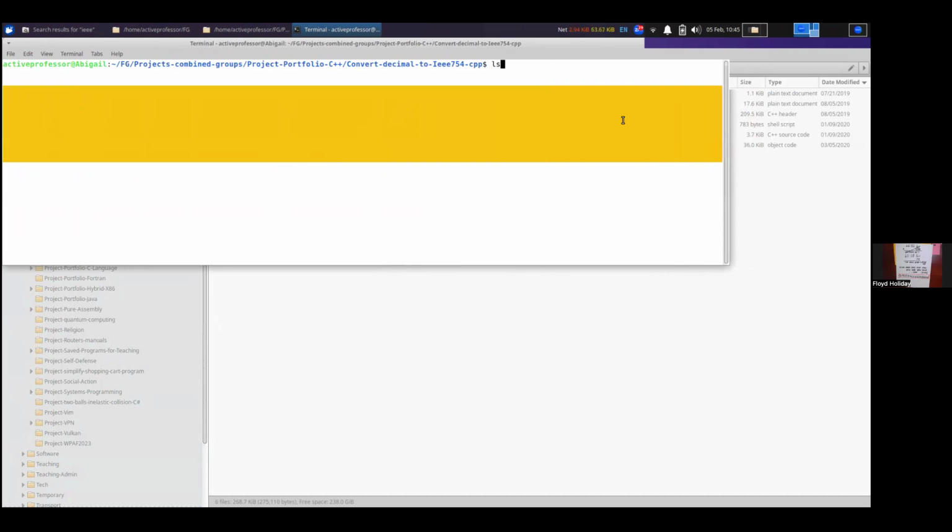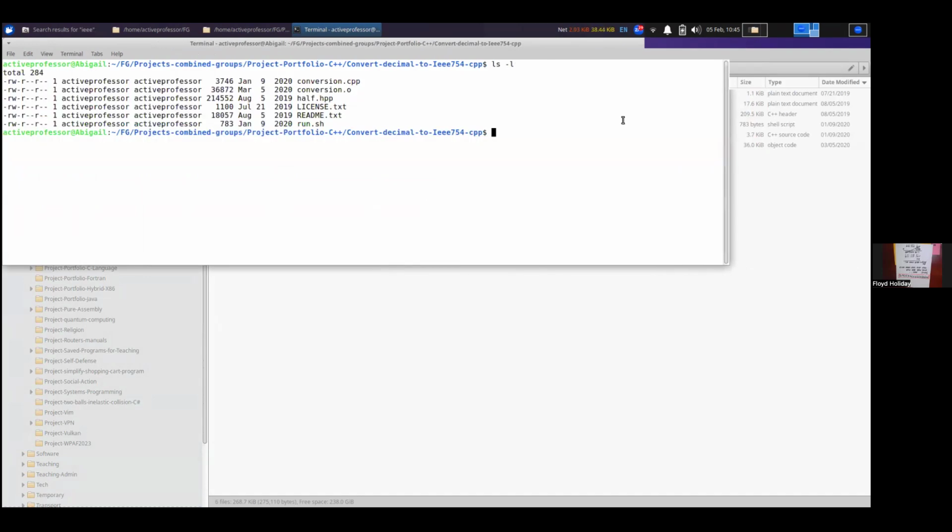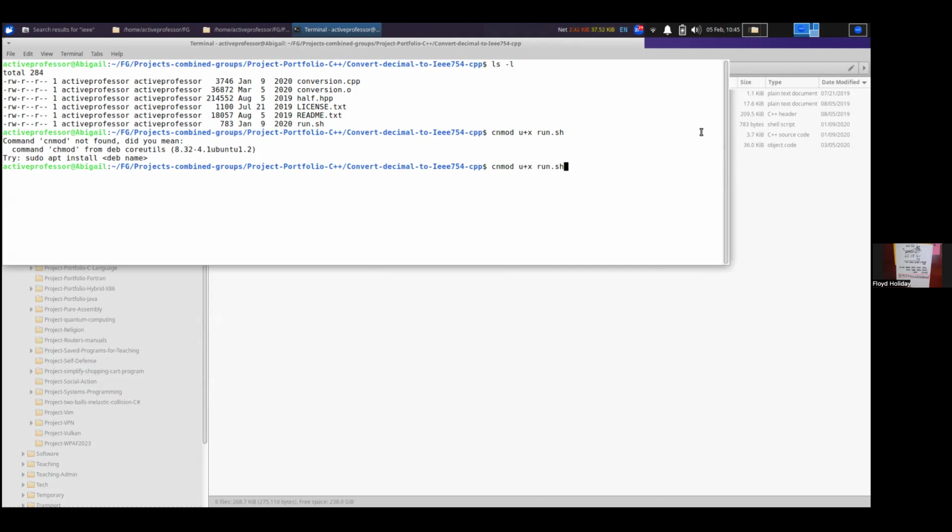Okay, there it is. And we need to activate it, give permission. chmod: the user receives execution privileges on the file run.sh. I spelled that wrong. Okay, ch.